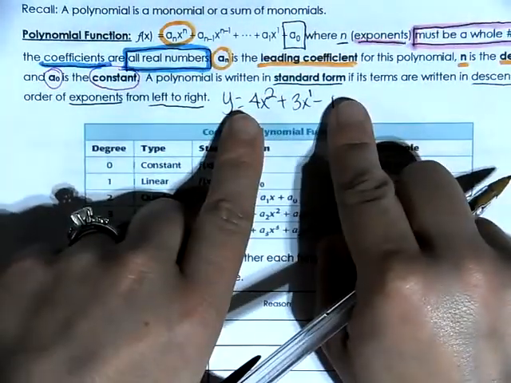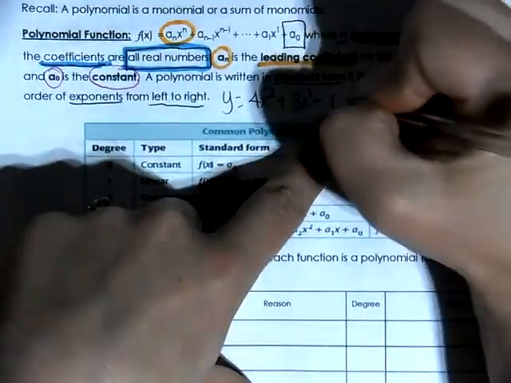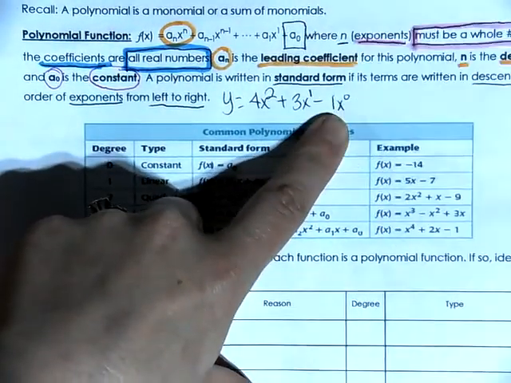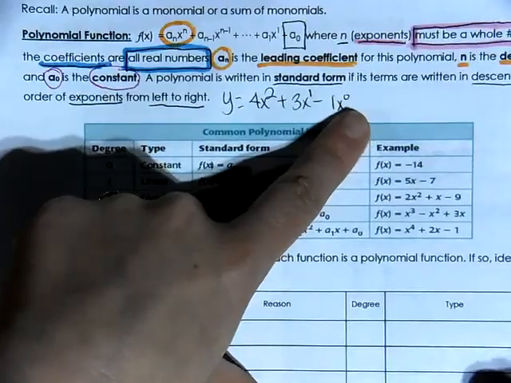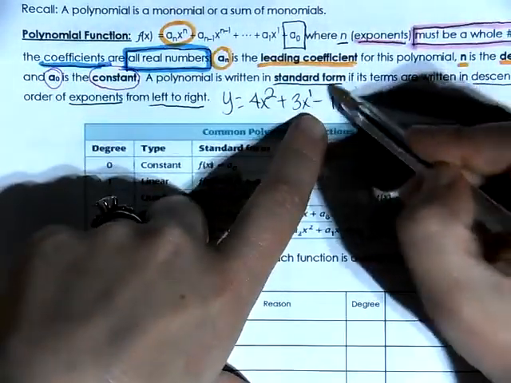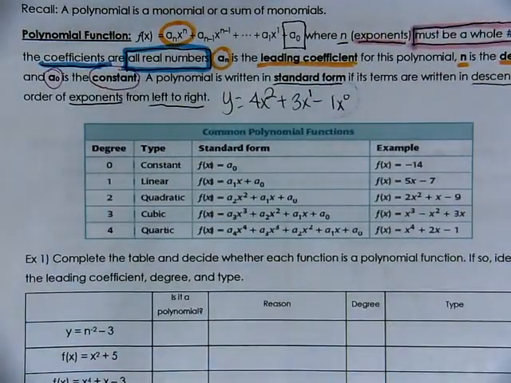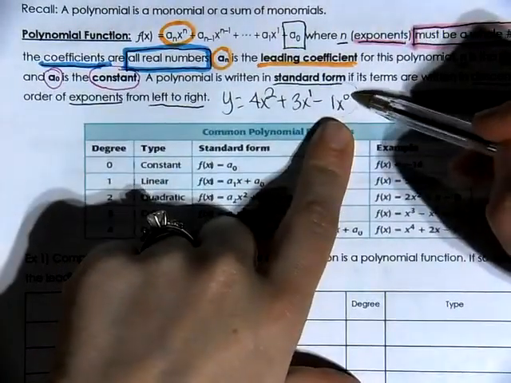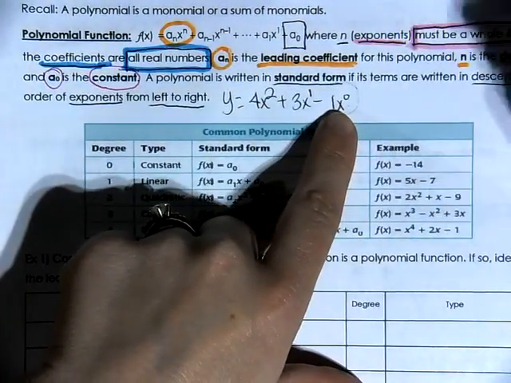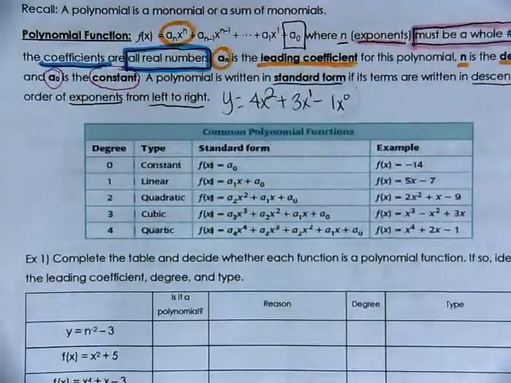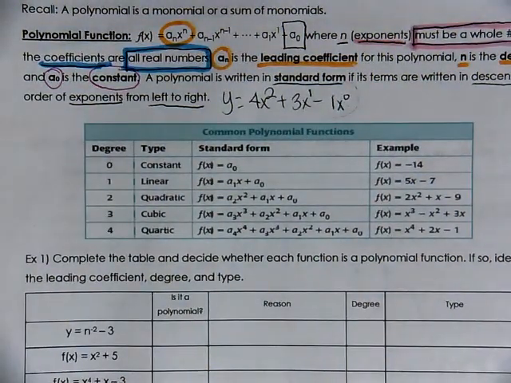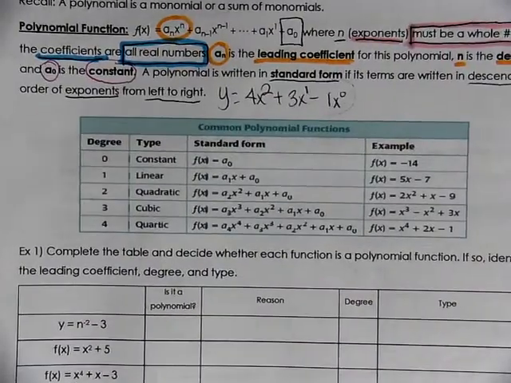So they're in descending order. And where 0 comes from is anything to the 0 power is the number 1. So this constant term always does have a variable next to it. It's just you can't see it because that variable is raised to the 0 power, and 0 power means that variable is the number 1. So just putting that out there.